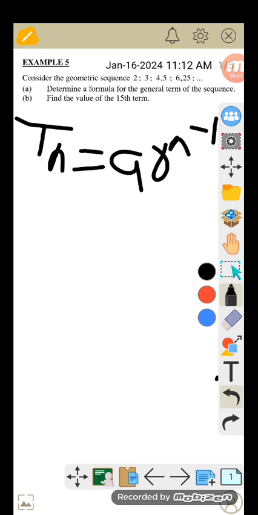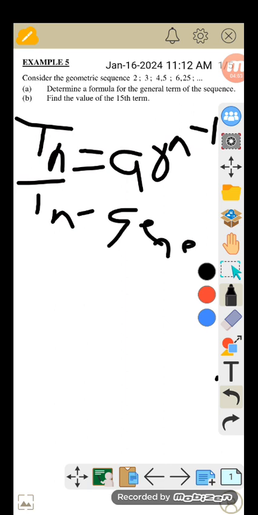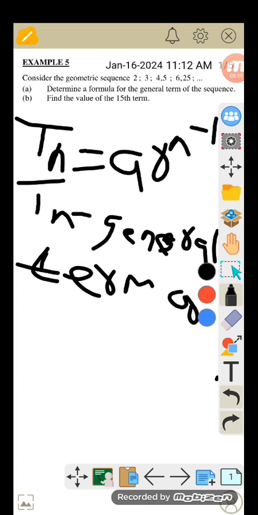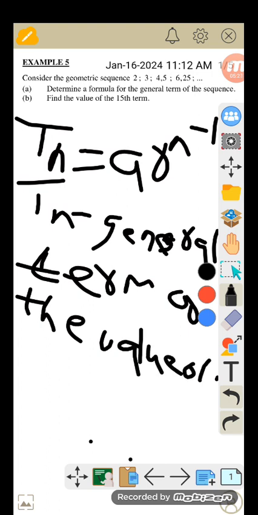And where our Tn is our general term, or the value of the nth term.